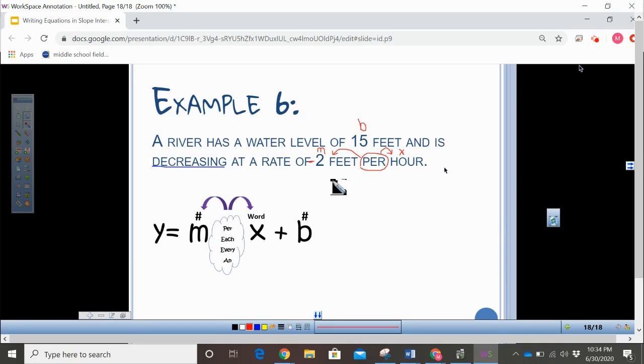So then when I write my equation, I want to make sure that I have y equals, I start with 15 feet, and I'm decreasing at a rate of 2 feet per hour.